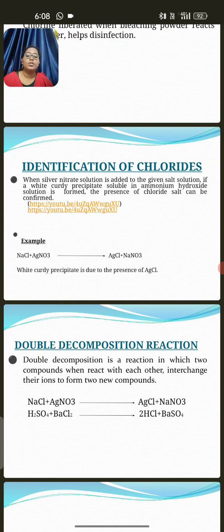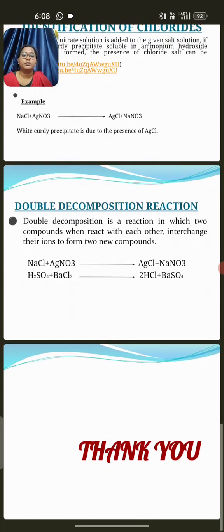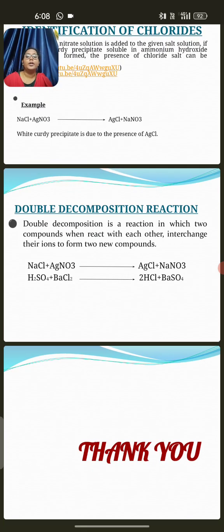Next, we will go to the last portion of this lesson, that means double decomposition reaction. In the above equation, we saw that sodium chloride reacts with silver nitrate to form silver chloride and sodium nitrate. The equation is NaCl plus AgNO3 gives AgCl plus NaNO3.